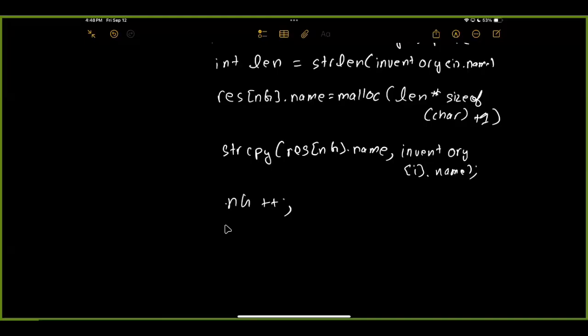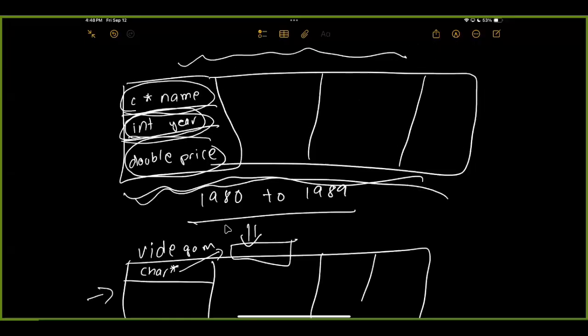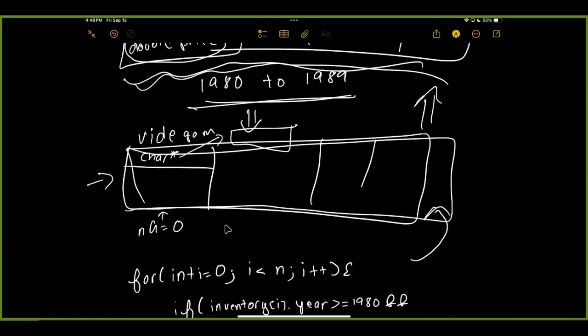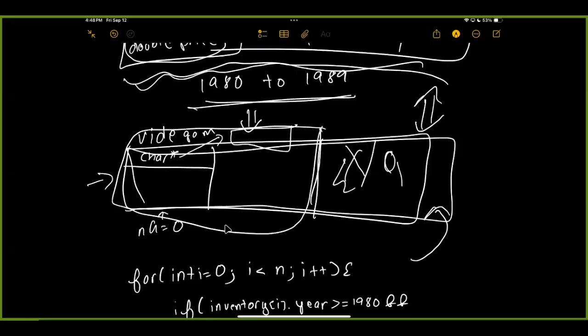In some cases we have this video game array and it has only two games produced within the years of 1980 to 1989, but the whole array is the same size as this one. So it wouldn't make sense to keep all this extra garbage space. We can reallocate and make it the size it is supposed to be, so we are not using extra space.